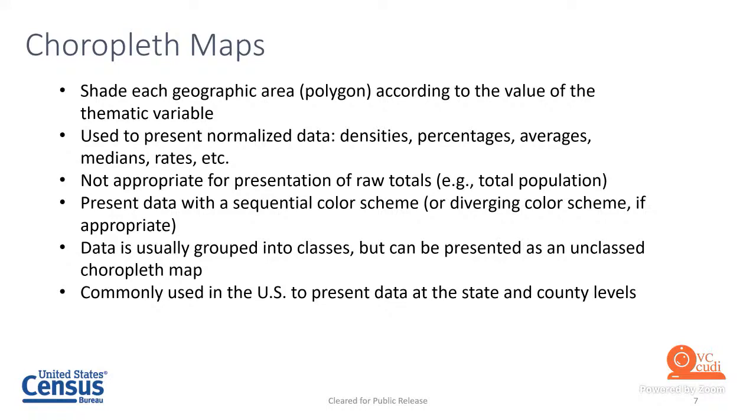You can create unclassed choropleth maps where the color is proportional to the value. These are generally more difficult to interpret, but they do provide more detail. For the US, we commonly use choropleth maps to present data at the state and county levels for reports and briefs and things of that sort. Next slide, please.